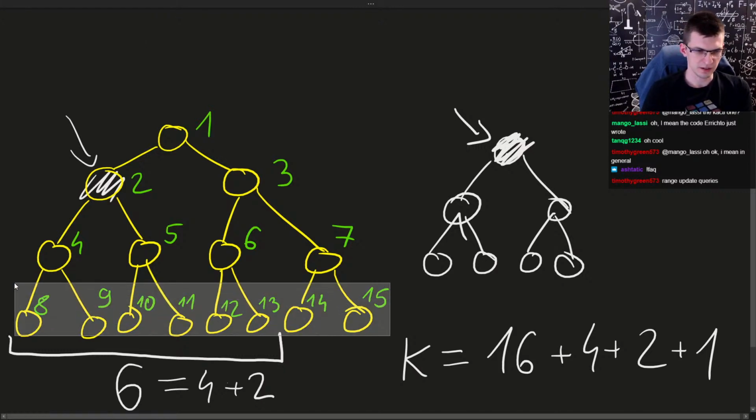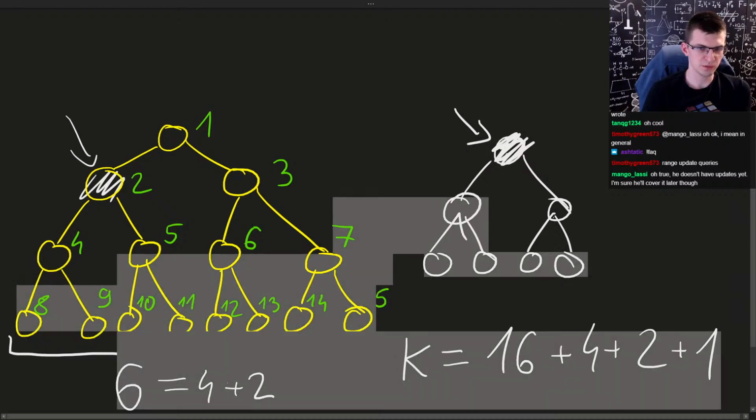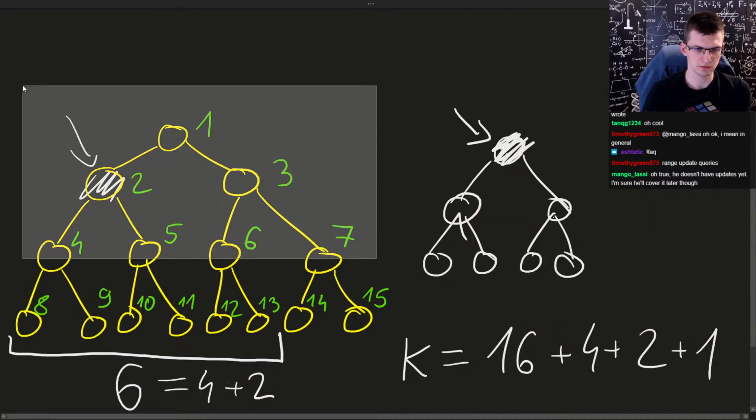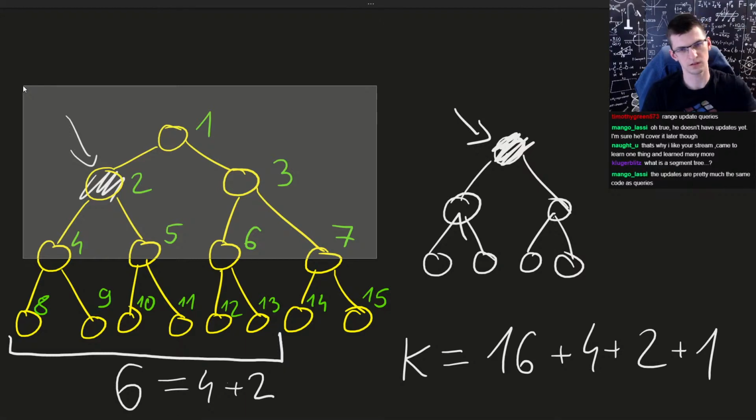Indices in a tree from 8 to 15, values should just be copied from the array. And then from 7 to 1, every value should be taken as the sum of 2 children. And it's most convenient to do it backwards: do it for index 7, then for index 6, 5, 4, 3, 2, 1.